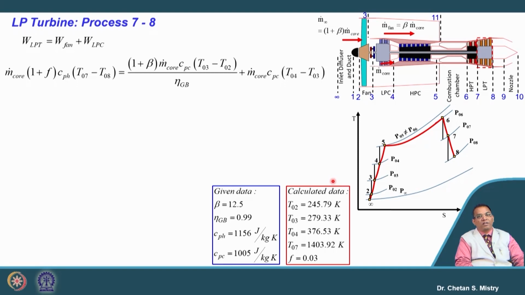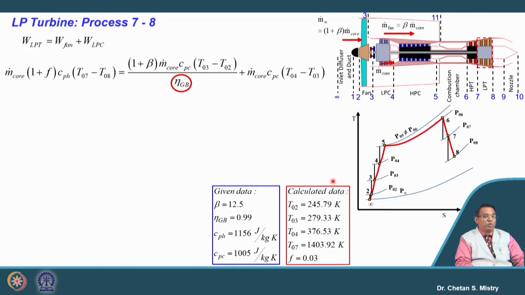For the fan, we need to be careful here. This fan is connected with my LP turbine through, say, a gearbox. That is the reason why I am putting this gearbox efficiency in the denominator of my fan work.